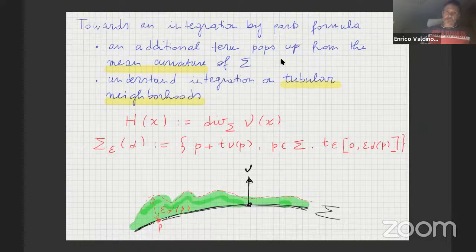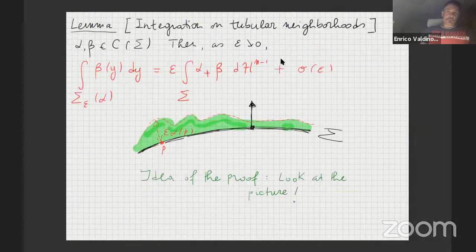So one of the lemmata that we used in the last lecture was this one. You consider the tubular neighborhood of the surface sigma, so the notation was sigma epsilon alpha, to say that you take your surface sigma and you move in the normal direction by a quantity which is epsilon times a function alpha, okay?